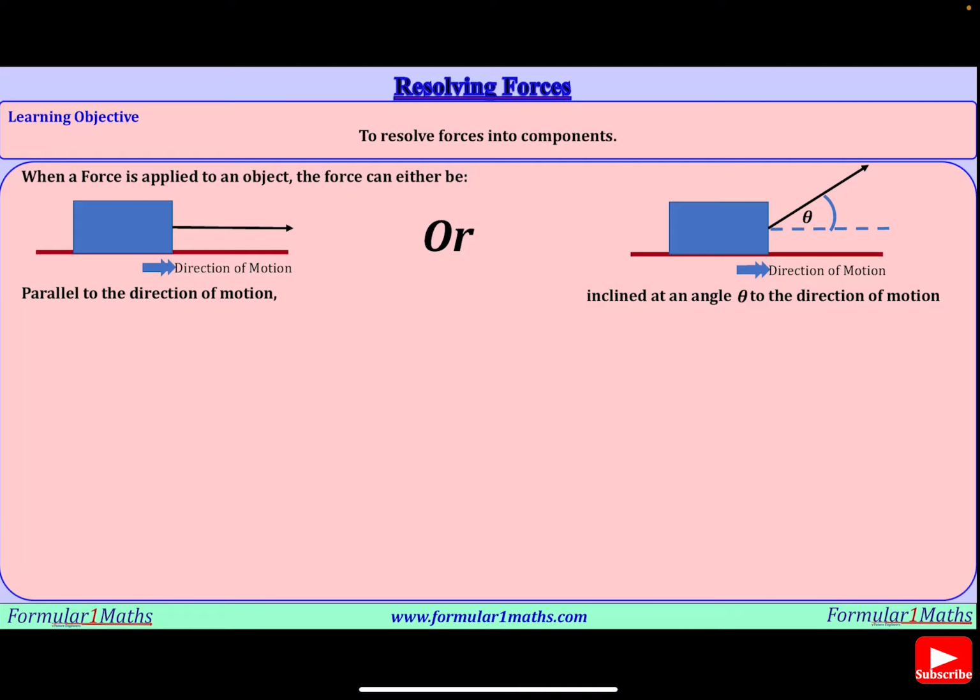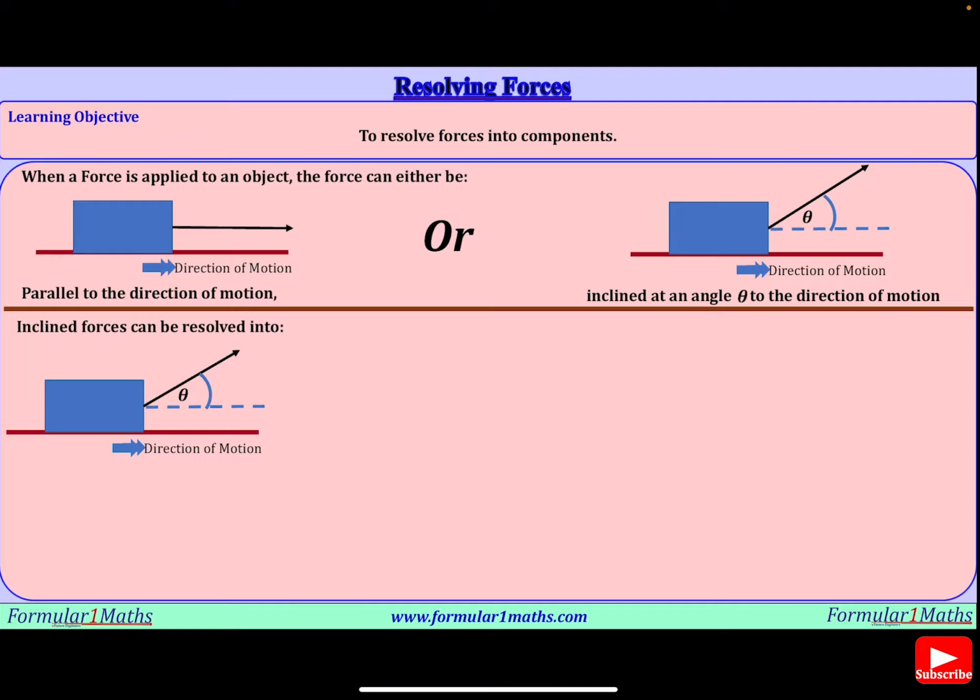So the way around it is to resolve the force into two components. One of them will be parallel to the direction of motion, and the other will be perpendicular to the direction of motion.